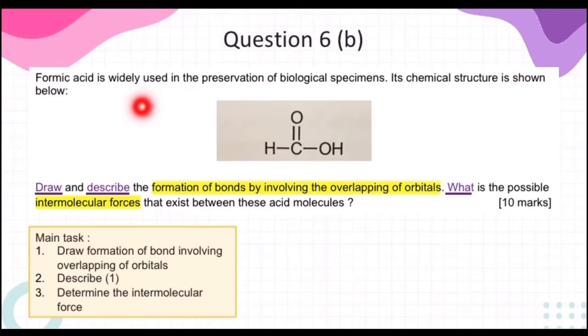Okay, so the first 2 sentence up here is just the information. So the main task that they ask us to figure out here is to draw the formation of bond, and then they want us to describe it, and then determine the possible intermolecular forces that exist between this acid molecule.